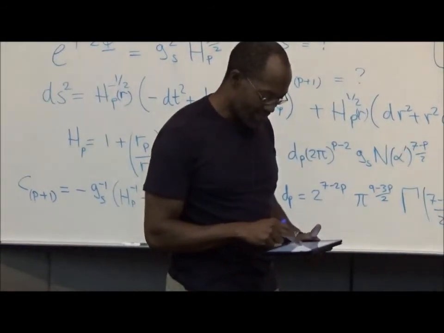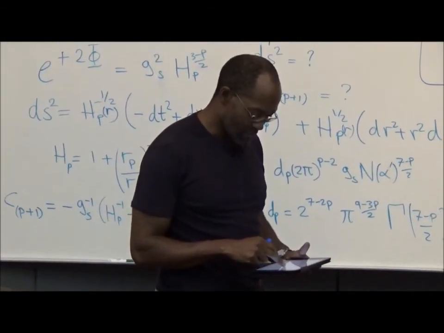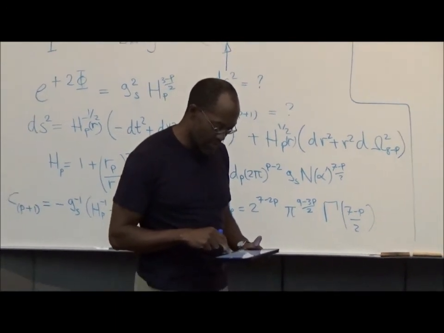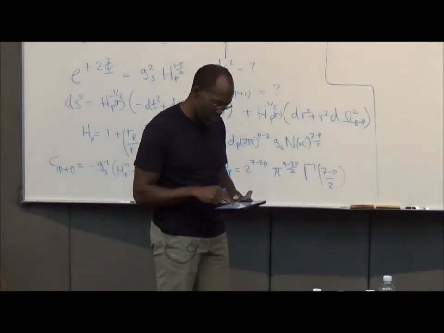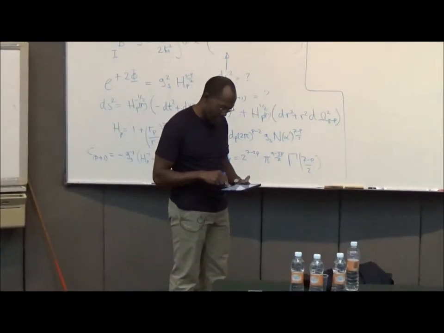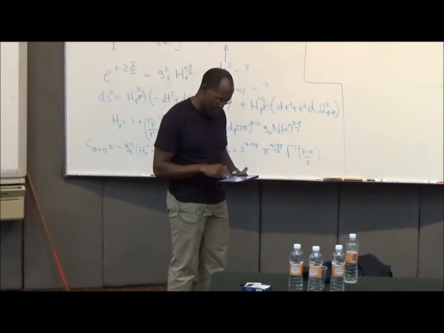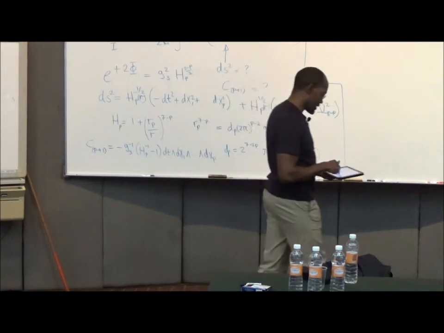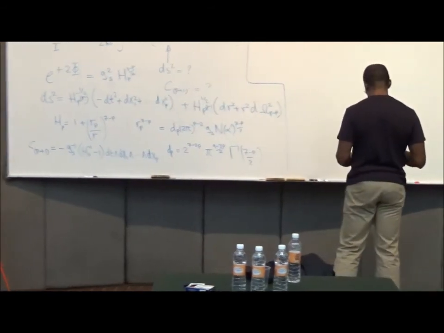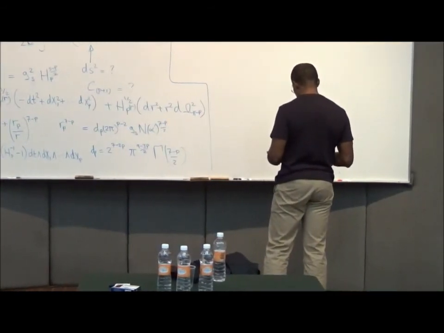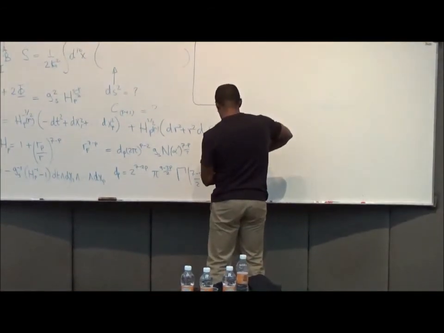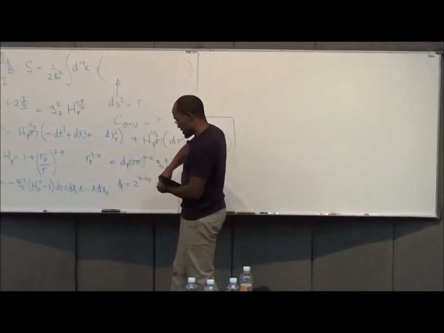So in the last minute, let me point you in the direction of some do-it-yourself calculations you can do. And I apologize, if I had time, I would have done one of these examples. Two examples I want to do.